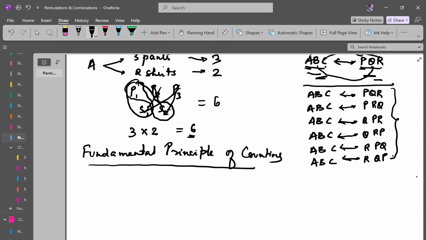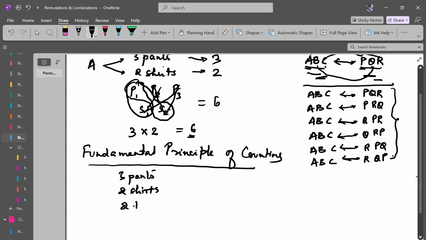Now I have 3 pants, 2 shirts, and say 2 ties. Tell me now what should be my total possible sets? 3 into 2 into 2. Absolutely right. It's going to be 3 into 2 into 2.